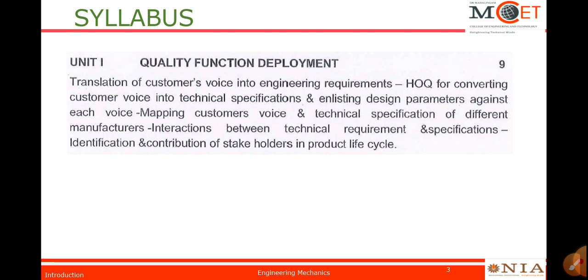If you ask some customers what kind of electric vehicle they want to buy, they give data like the vehicle should run XY kilometers, or the speed should be this much, or the design should be like a commuter bike, or a scooter type of bike. Like that, they give their raw customer inputs, which are then converted into technical inputs.